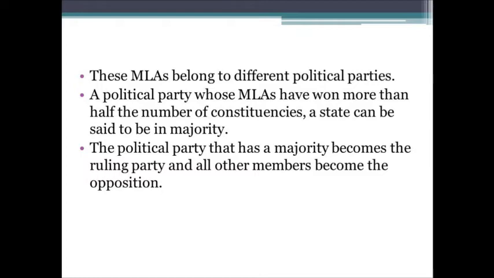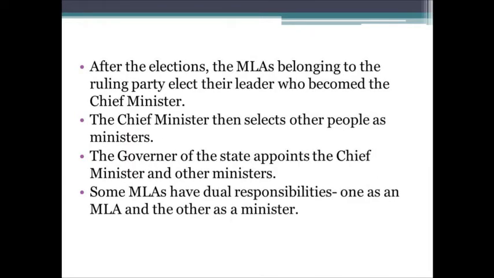Now, the political party that has a majority becomes the ruling party, as I told you, and all other members become the opposition. After the elections, the MLAs belonging to the ruling party elect their leader, who becomes the chief minister, and the chief minister then further selects other people as ministers.